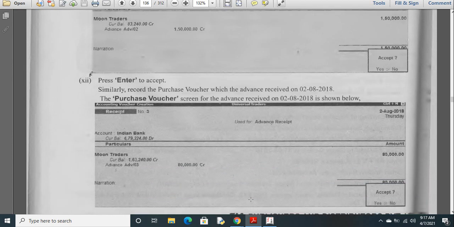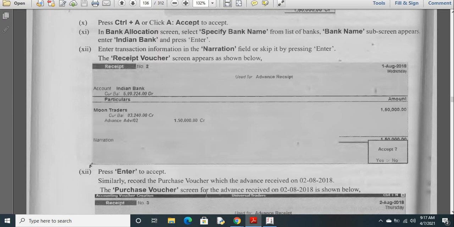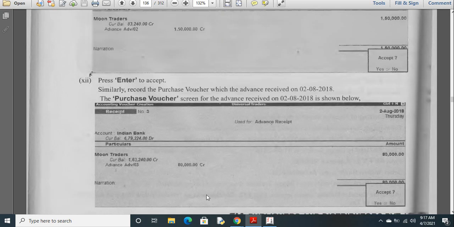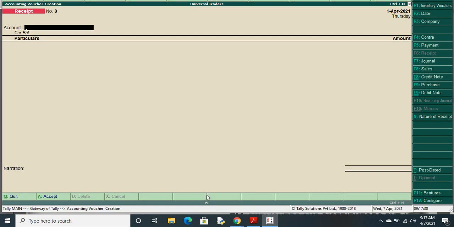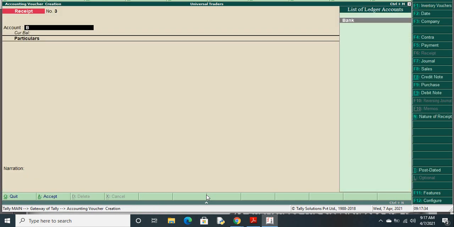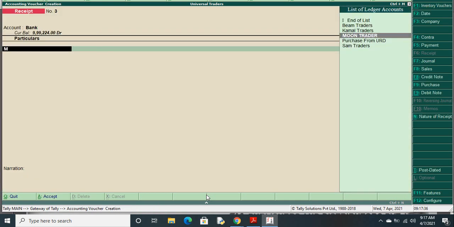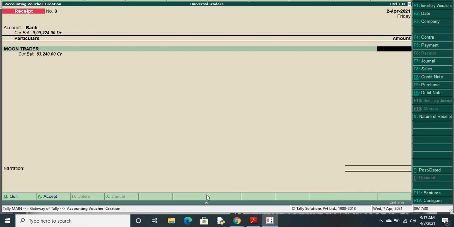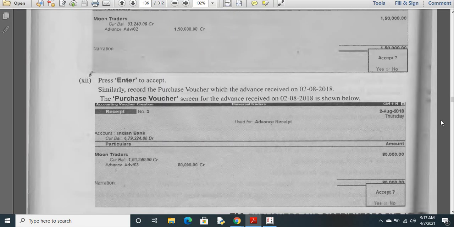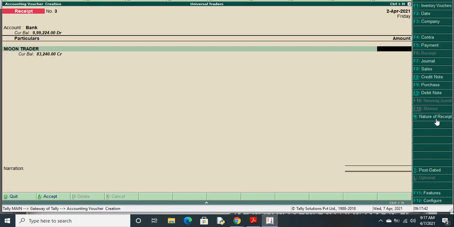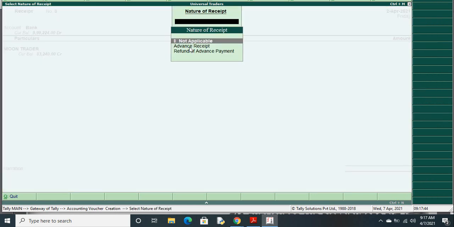Next, the second advance is on another date, 2nd August. Same bank, Moon Traders. Nature of receipt is also advance receipt.